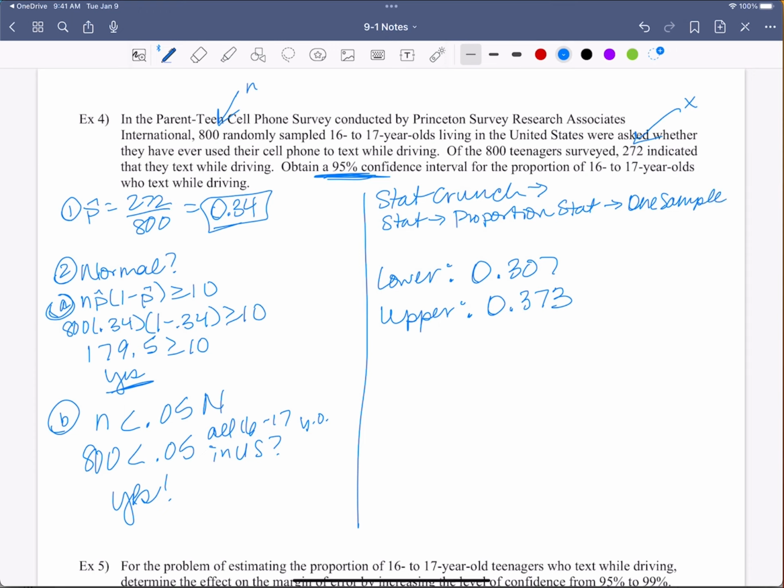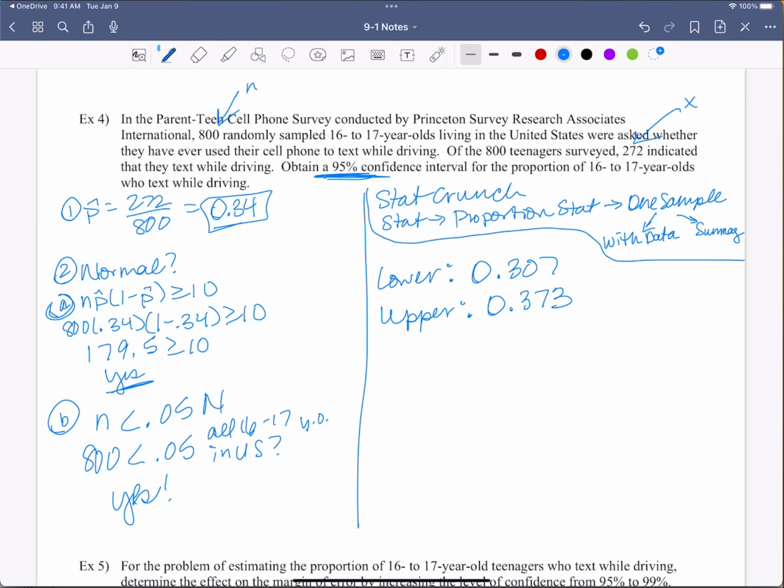From One Sample, you have 2 options, just depending on what you're getting. It's either With Data or With Summary. We did Summary on this one. You can do With Data, but those are your steps. I just wanted to make sure that we didn't lose those.